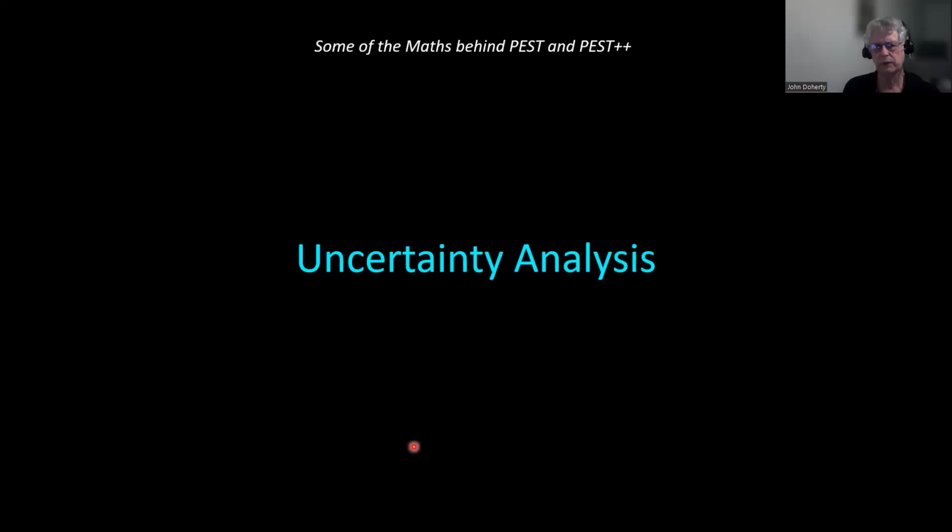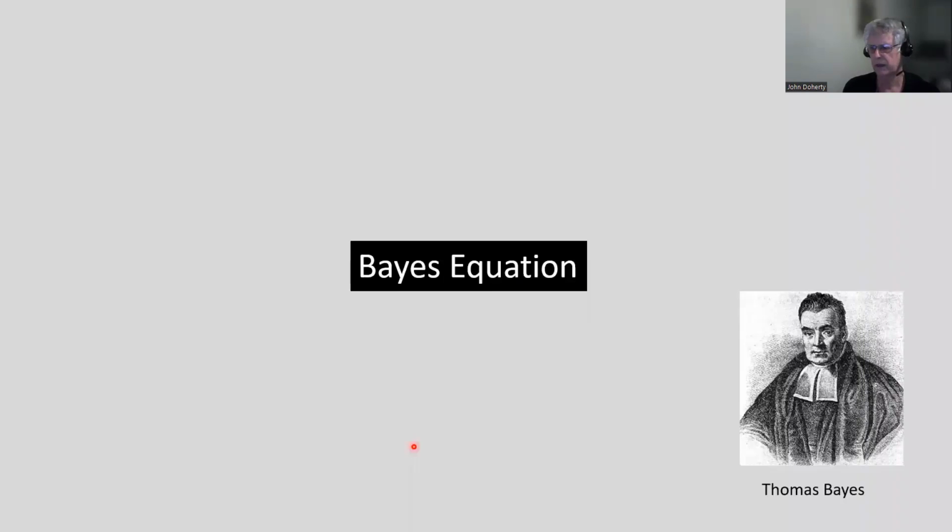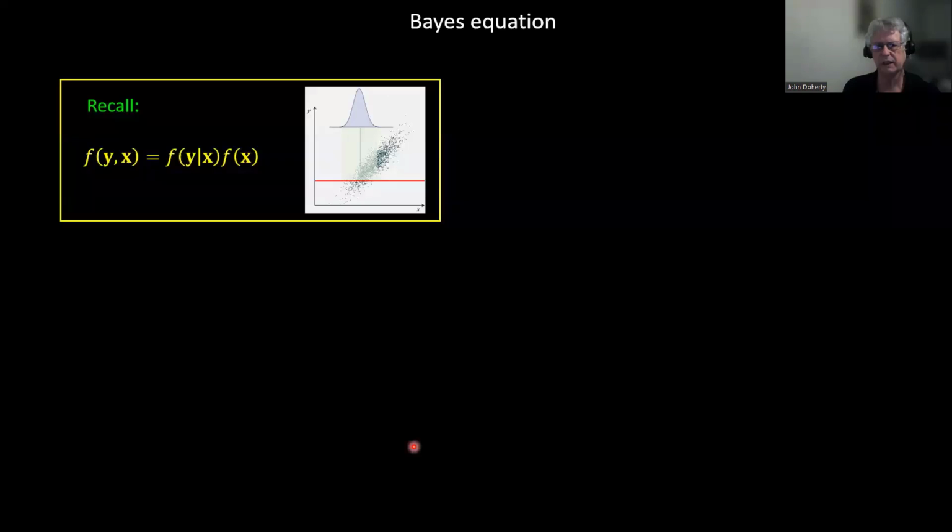Now, if we're going to be talking about uncertainty analysis, we can't go very far without talking about Bayes' equation. So the first thing I'm going to do is to derive Bayes' equation and then explain what it means. Bayes' equation is easily derived. Recall from our first webinar that we wrote this little yellow equation here. And remember, I was using the letter F to denote probability distributions.